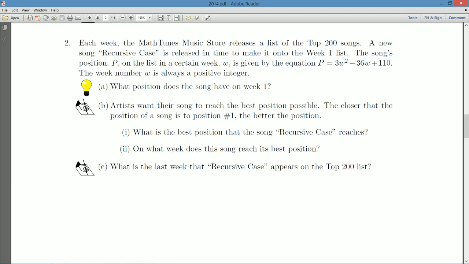So, A, what position does the song have on week 1? Alright. Well, if we want the position, P, on a given week W, we use this formula. What's our given week? Our given week is week W equals 1.